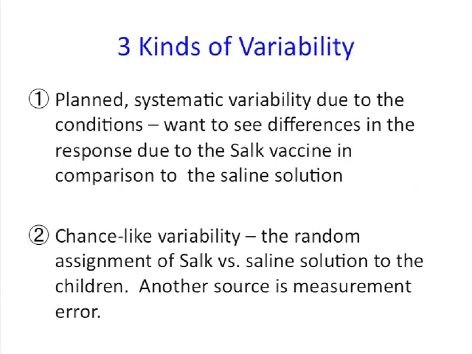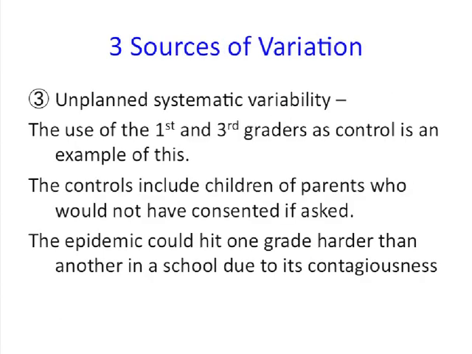That's a chance-like variability that, again, we can live with. On the other hand, the unplanned systematic variability we saw in the other design for the experiment, and that had to do with comparing the first and third graders to the second grade consenters. And you saw that the results of that didn't necessarily ruin the experiment, but definitely compromised the size of the effect that you would have seen.